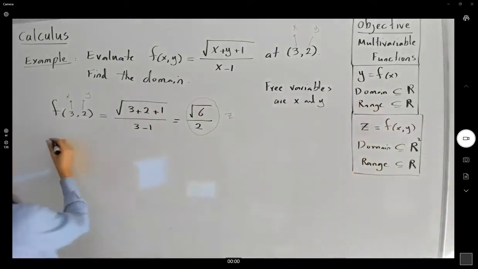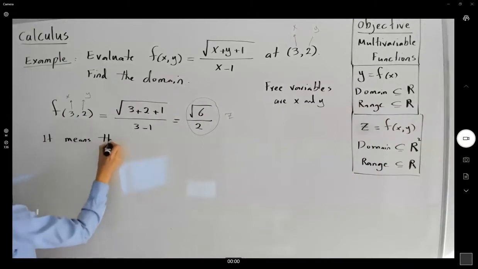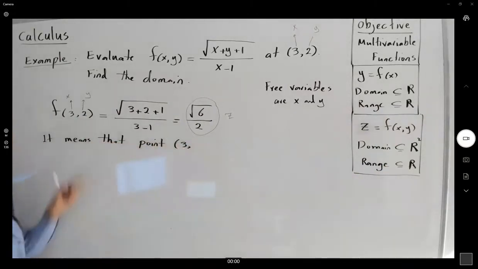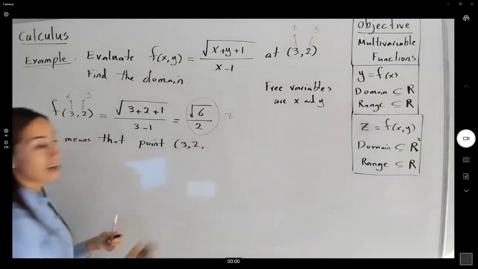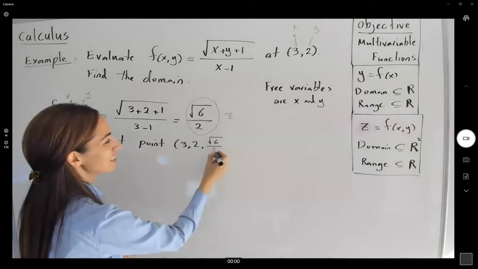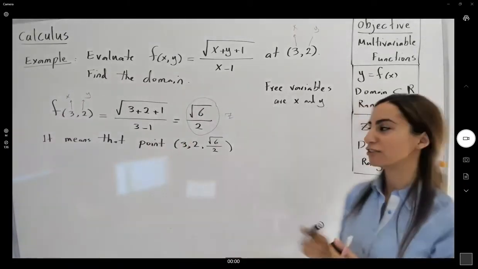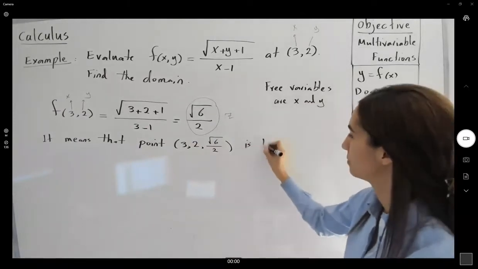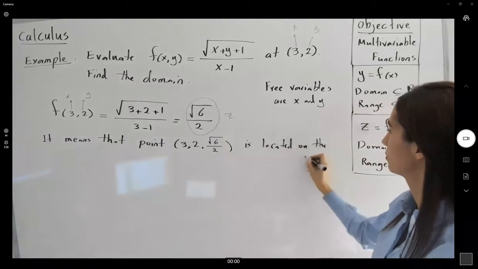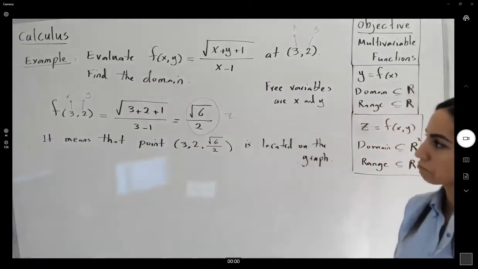It means that the point with first coordinate 3, second coordinate 2, and the third coordinate square root of 6 divided by 2 is located on the graph of the function. Here we go.